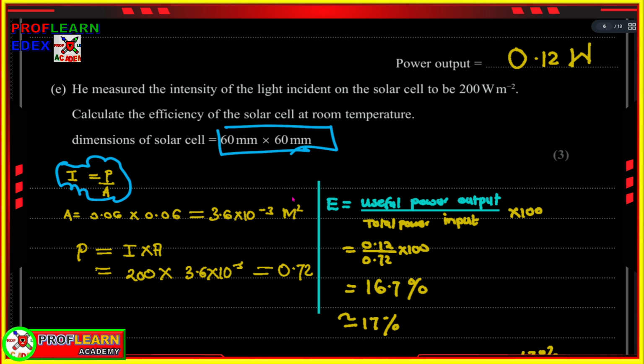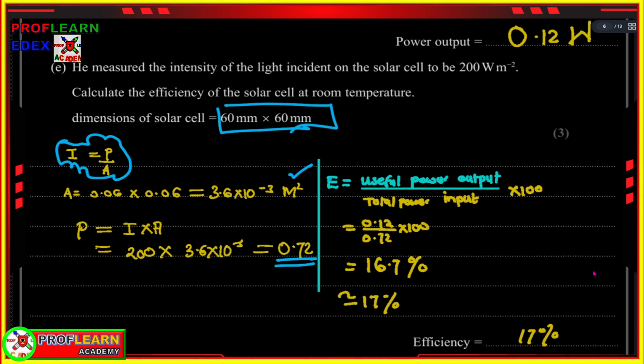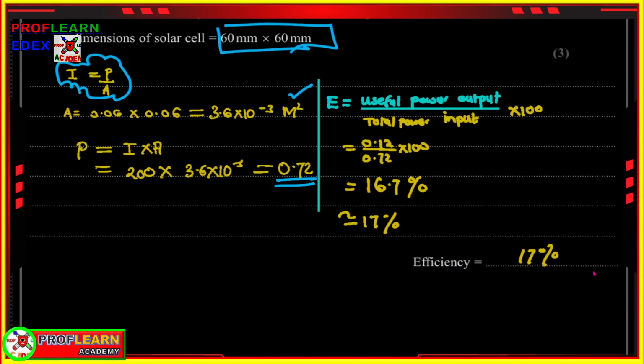Working out the area, we shall get 3.6 times 10 raised to power -3, and the intensity was provided, so the power was 0.72 watts. Efficiency is useful power output over total input, times 100, and if you work it out as a percentage, you'll get approximately 17%.